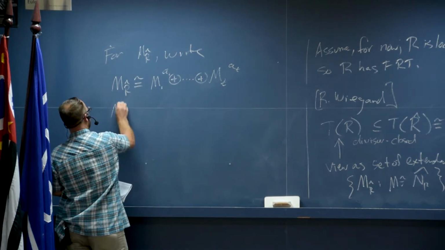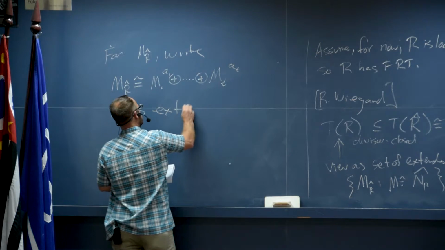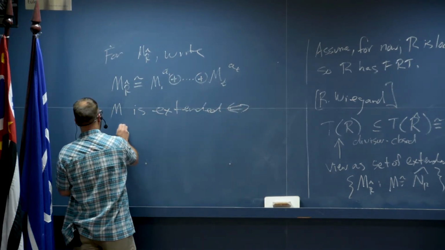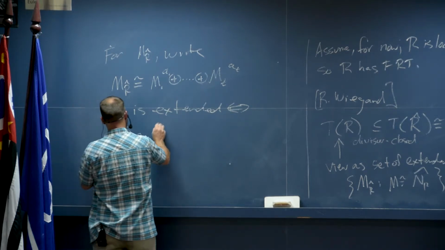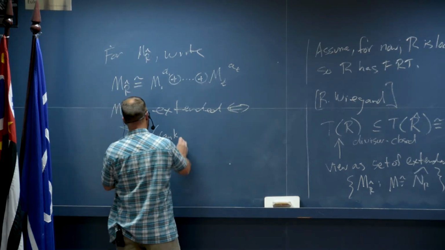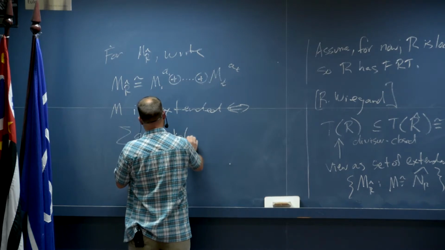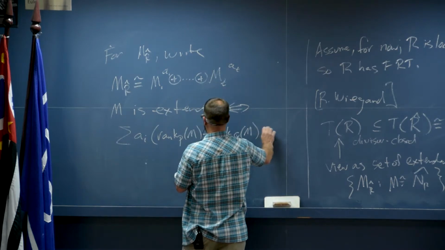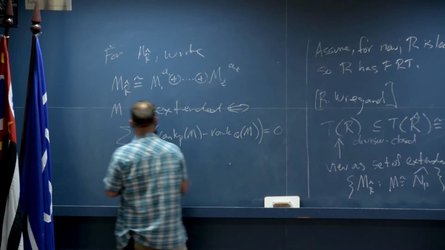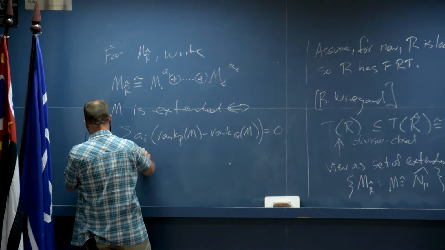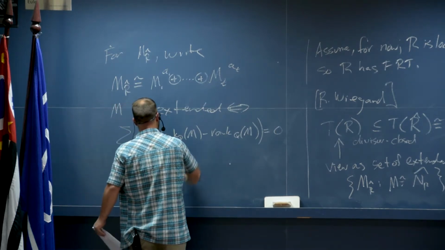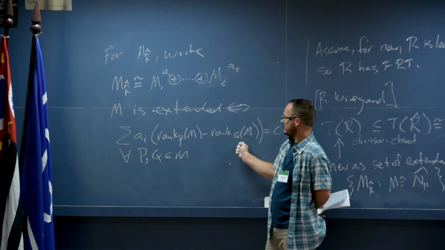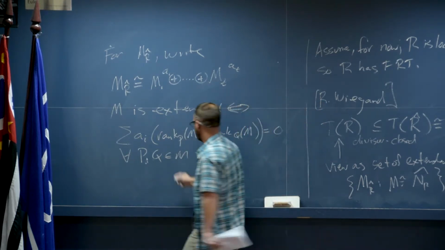And so then M is extended precisely when we have an equation like this where you're looking at the difference of the ranks and it has to sum to 0.